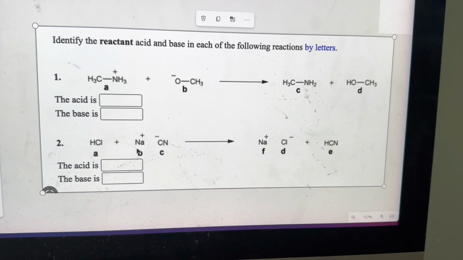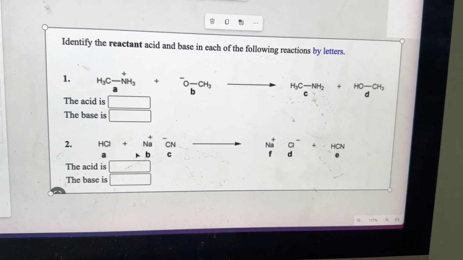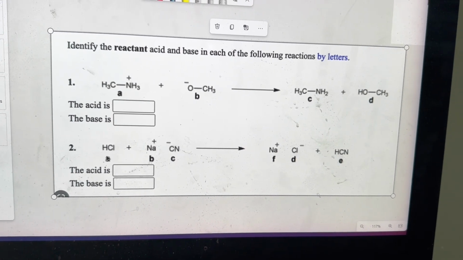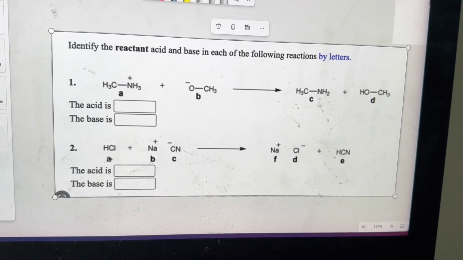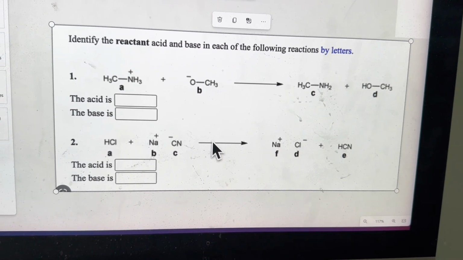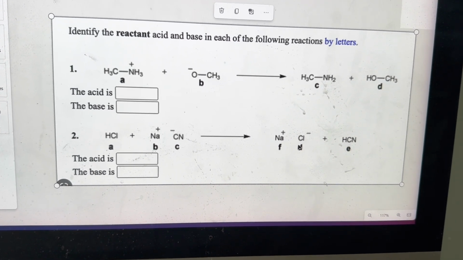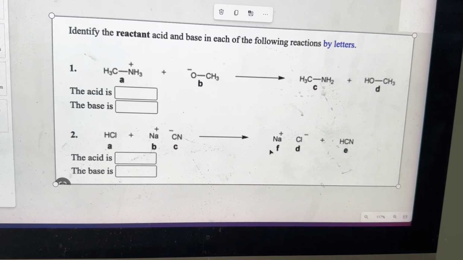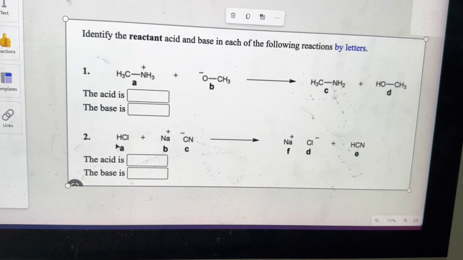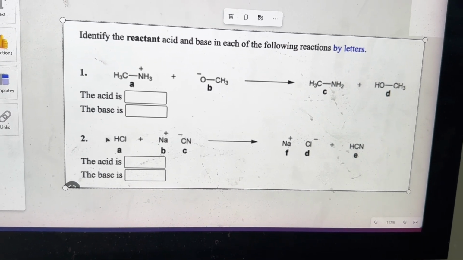Okay, so let's see if we can see where our hydrogen went. Over here, our hydrogen is stuck with the chlorine. And over here, the chlorine is all by itself. So this substance lost a hydrogen, so it donated a hydrogen ion. It is acting as our acid.